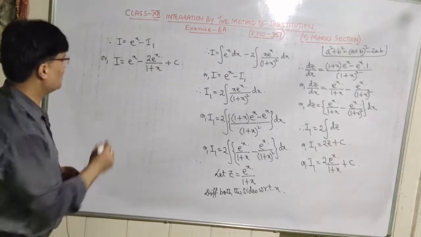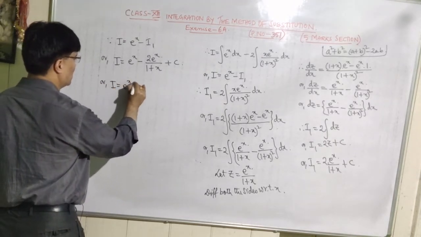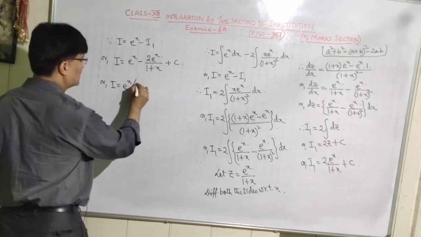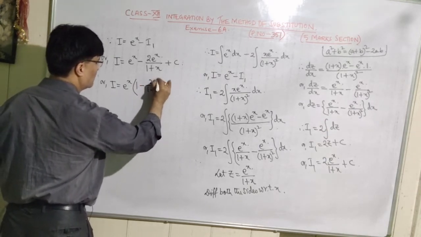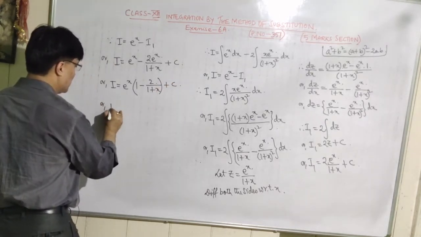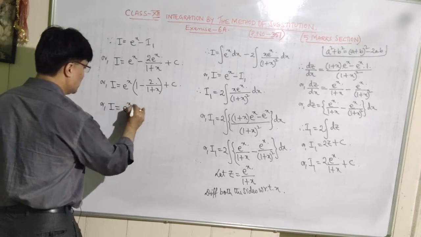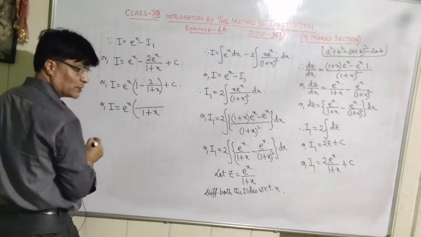Okay, let us simplify it further. I is equal to e to the power x within bracket 1 minus 2 upon 1 plus x, bracket closed, plus c. Or I is equal to e to the power x within bracket, what's the LCM? It is 1 plus x.